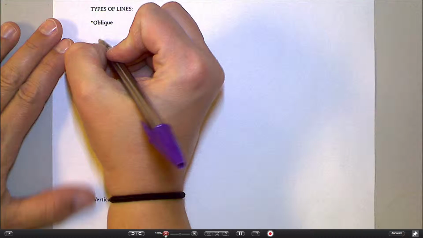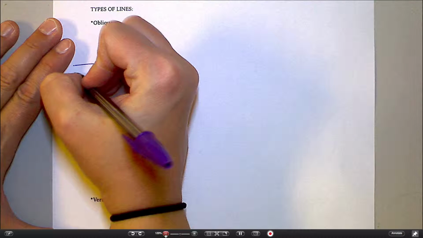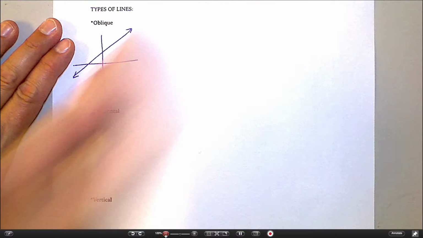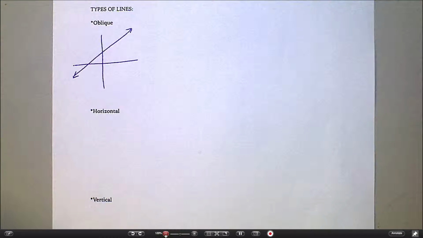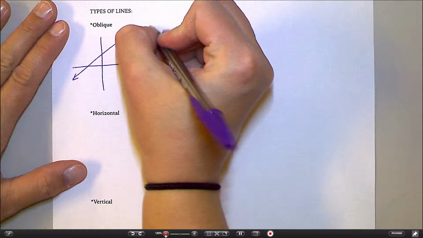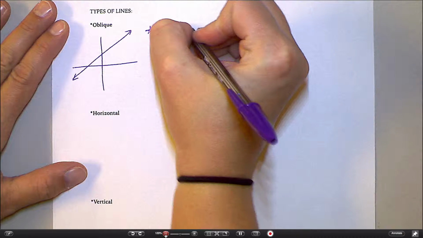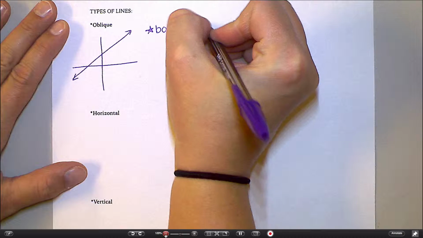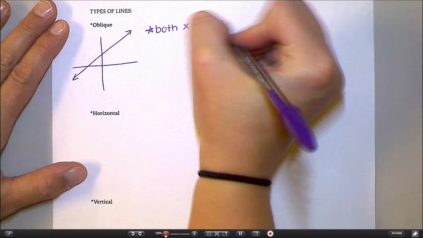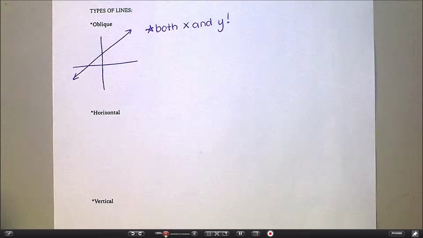So an oblique line looks something like this. It can be located anywhere on the graph, but it's just anything that's diagonal. Okay? And oblique lines will have both x and y in their equation. So most of the equations you deal with have both an x and a y. So most of the lines you deal with are going to be oblique lines.